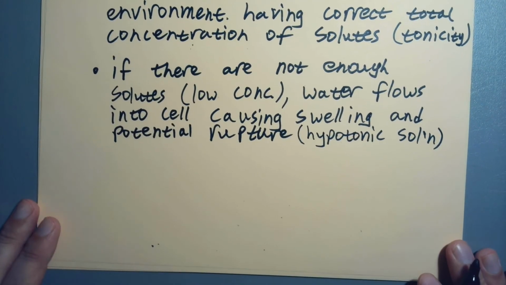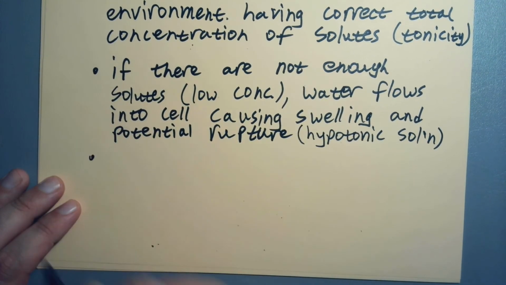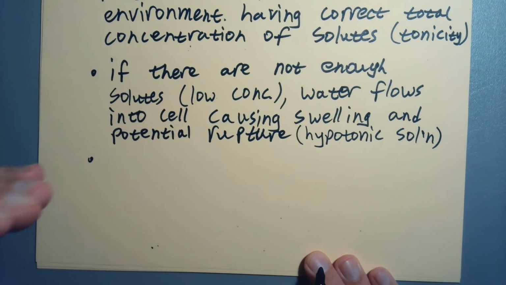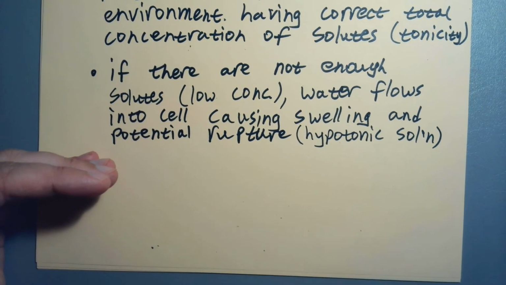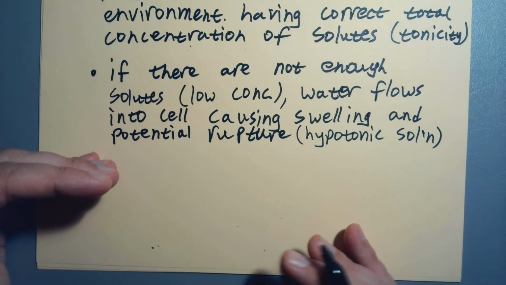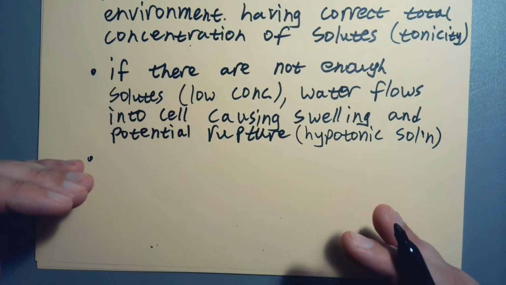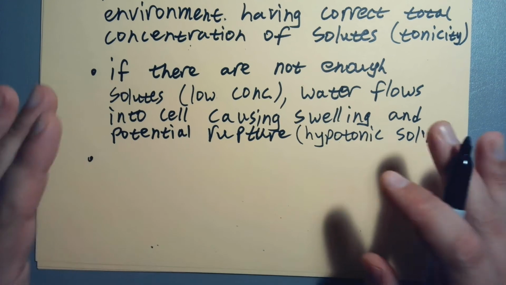Alright. Now, if we have the right amount, then we have normal shape, we have normal function, there's no osmotic pressure on the cell. Everything's fine.